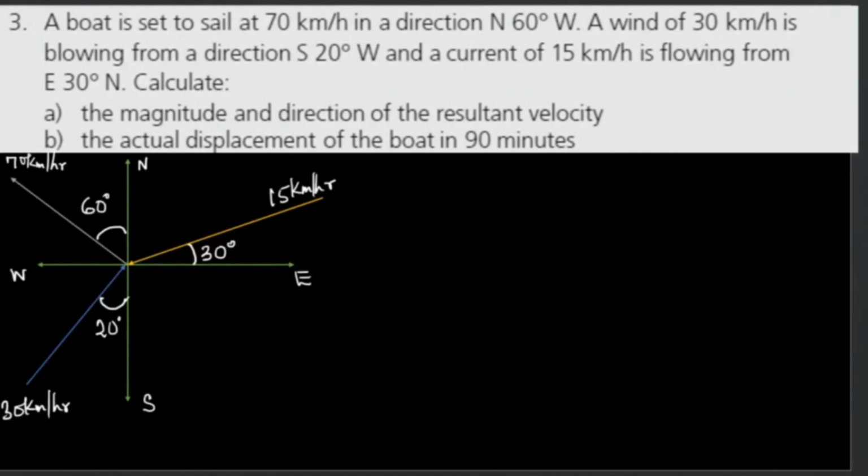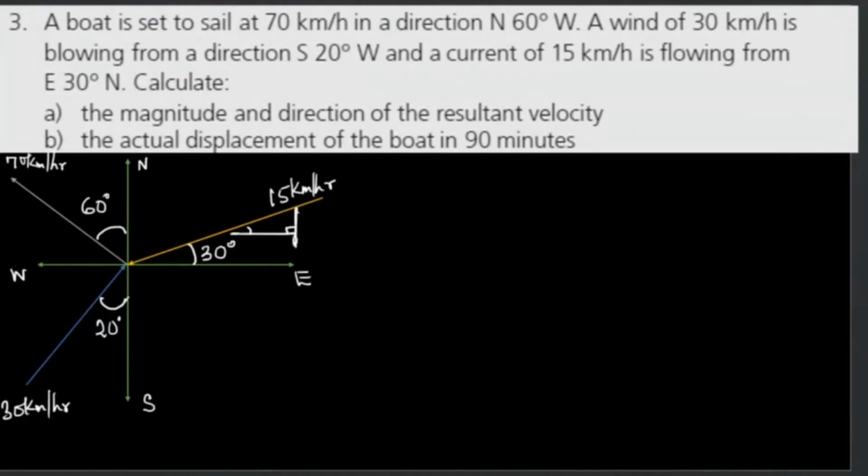So now let's try and get the components. Let me start from this side. So for 15, the vertical component and the horizontal component. This is still 30, right?